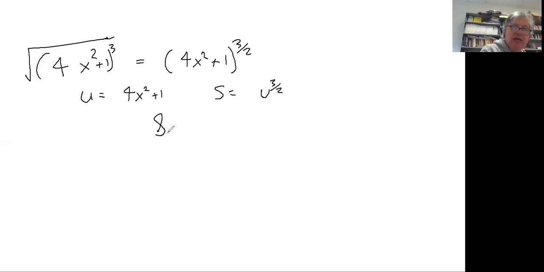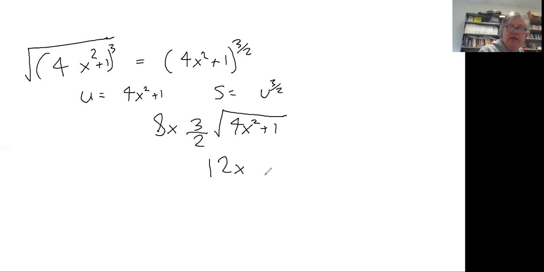So this is 8x with that derivative, and this direct derivative is 3/2 u to the 1/2. 1/2 is square root, and u, of course, was 4x squared plus 1. And then to tidy it up a little bit, 3/2 times 8 is 12, so it's 12x square root of 4x squared plus 1. Okay.